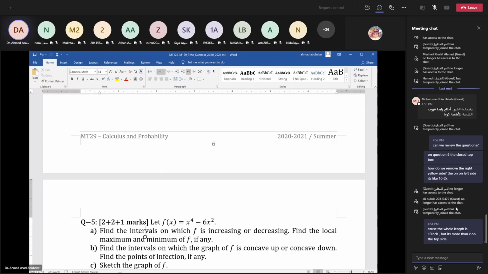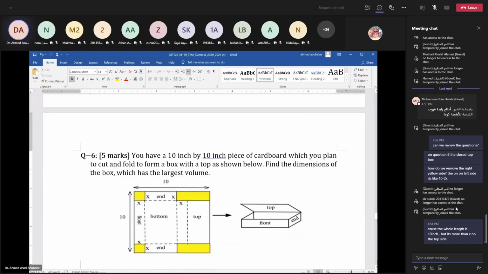The drawing is clear: this yellow region we must remove, and we need to find the value of x. To find the largest volume, we have 3 dimensions: width, height, and length.